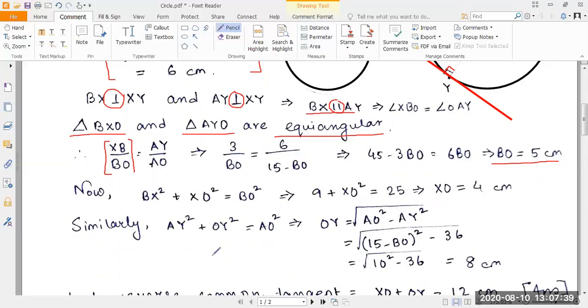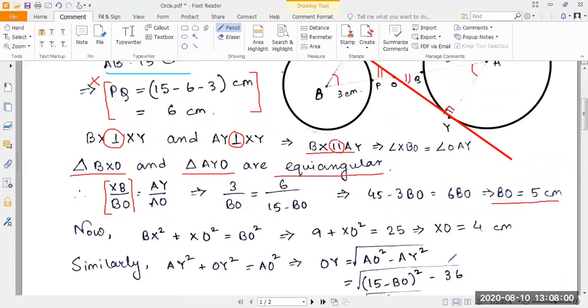I go by the same procedure. I replace the value of AY with 6 units, and I replace AO with 15 minus BO. So that's 15 minus 5, so that's 10 square minus 36. Root over 100 minus 36, that's root over 64, which is 8 centimeter.